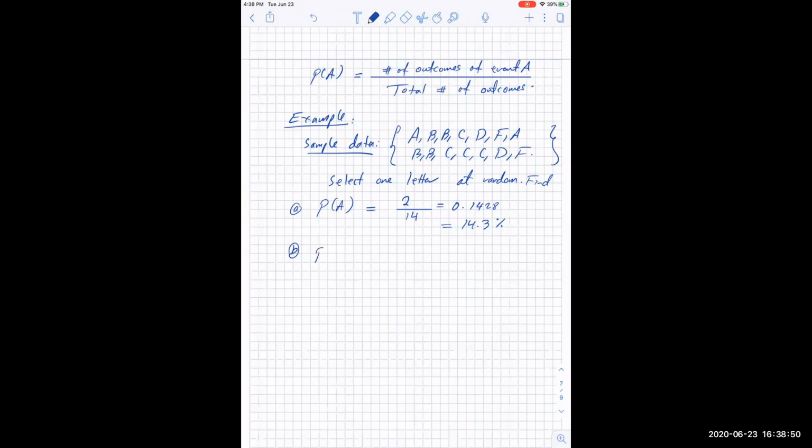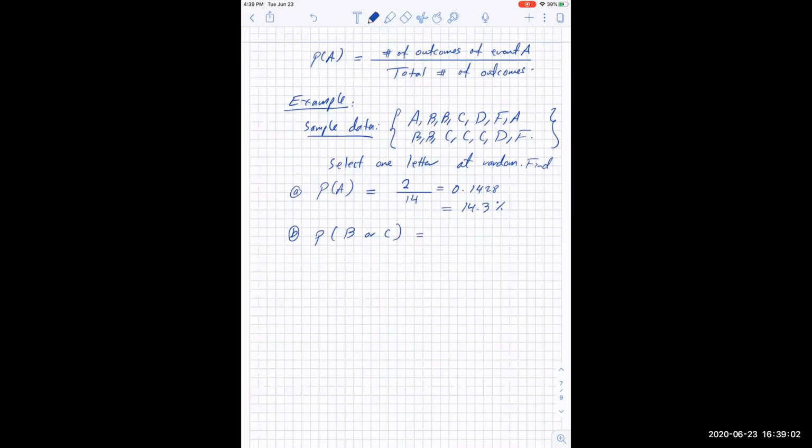What is the probability of selecting a B or a C? Here we're going to add. How many B's and how many C's do we have? Let's see here. 1, 2, 3, 4, 5, 6, 7, 8.